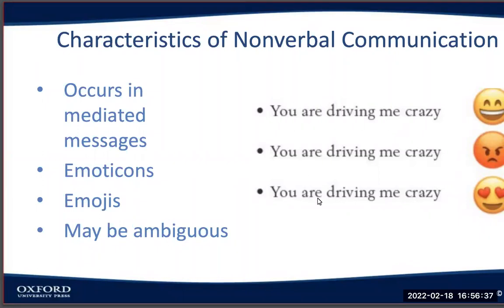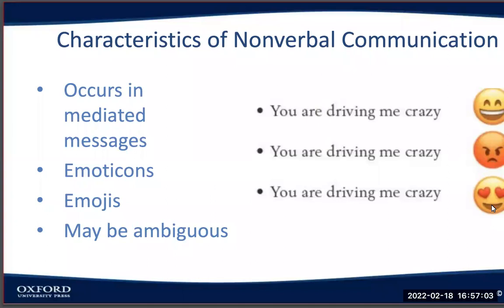If somebody is sending you the same exact message, "you are driving me crazy," and they have a happy smile, or "you are driving me crazy," and they have the angry face, or "you are driving me crazy," and they have the heart emoji, you're going to interpret that message completely differently depending on what emoji that somebody sends with it, and that could change the message completely.